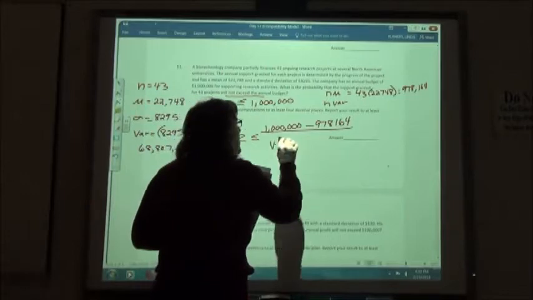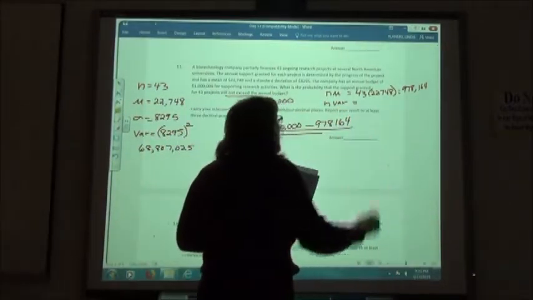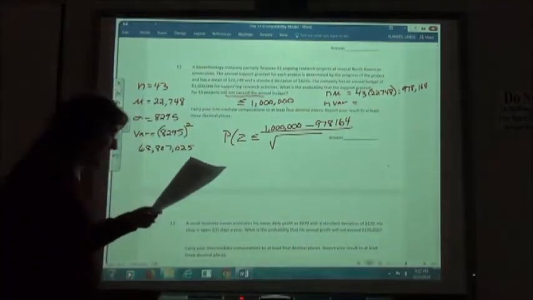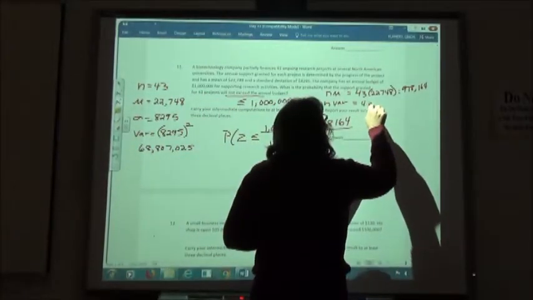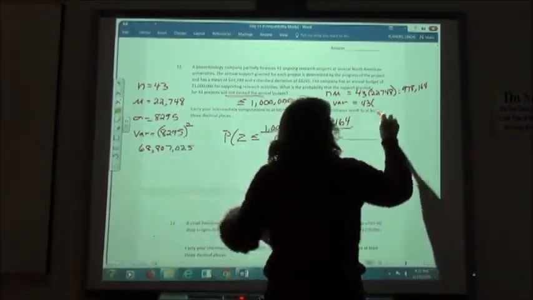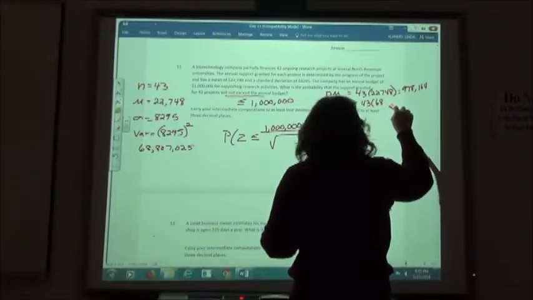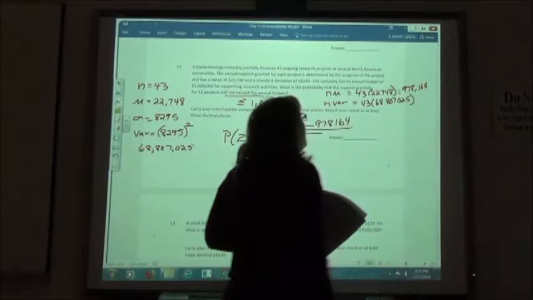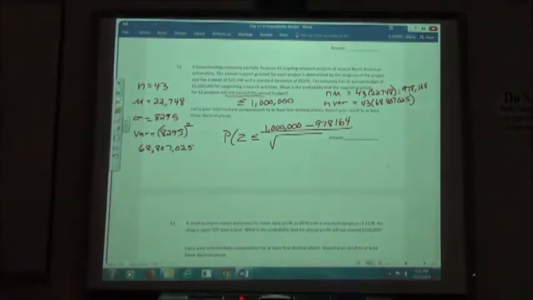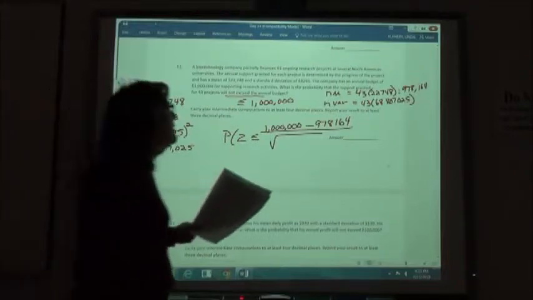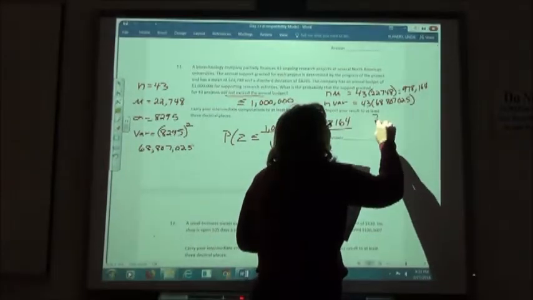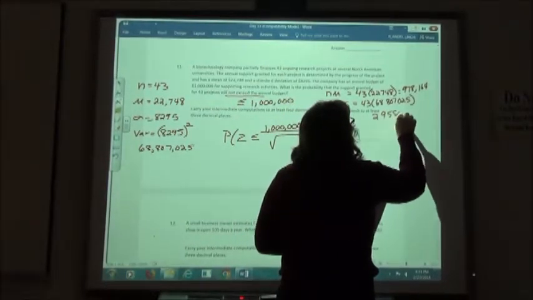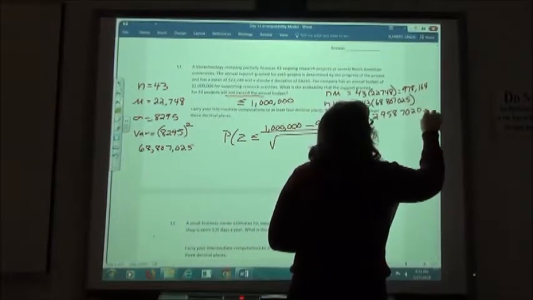On the bottom, we're going to do the square root of n times the variance, which we still need to find. n is 43. The variance was this great big number, 68,807,025. If I take 43 times that number, I get 2 billion something: 2,958,702,75.